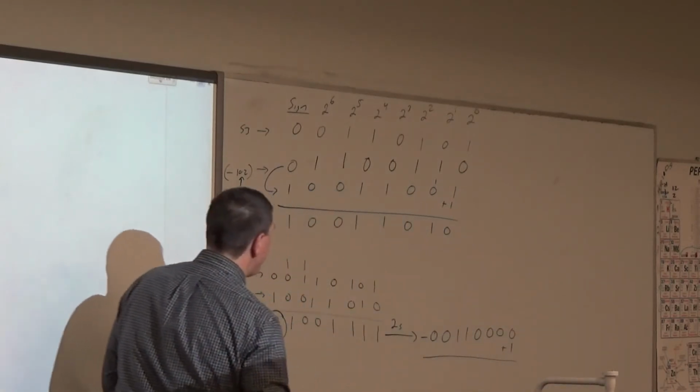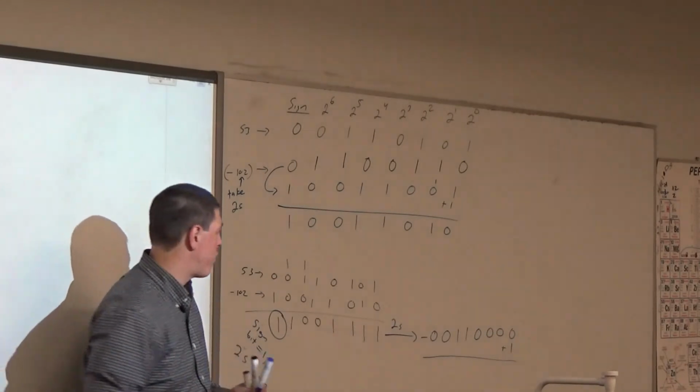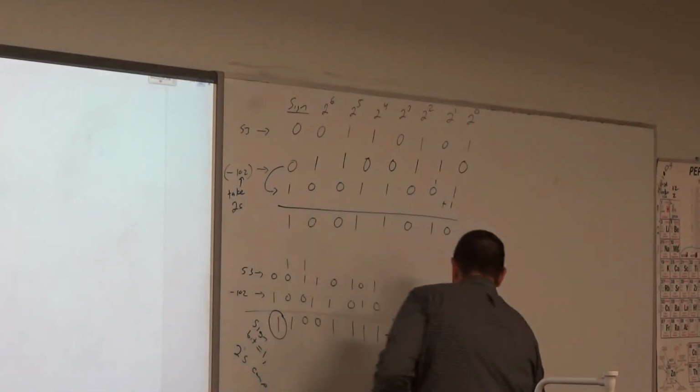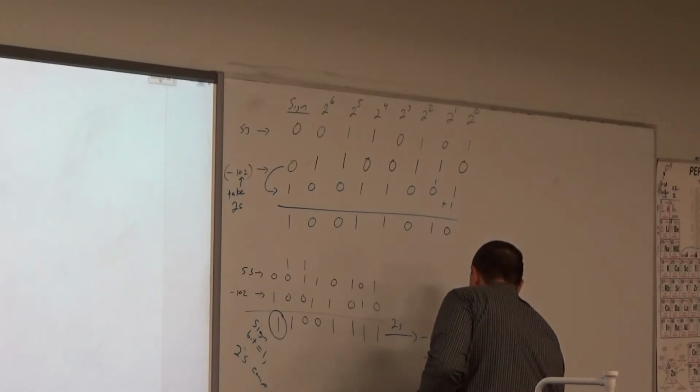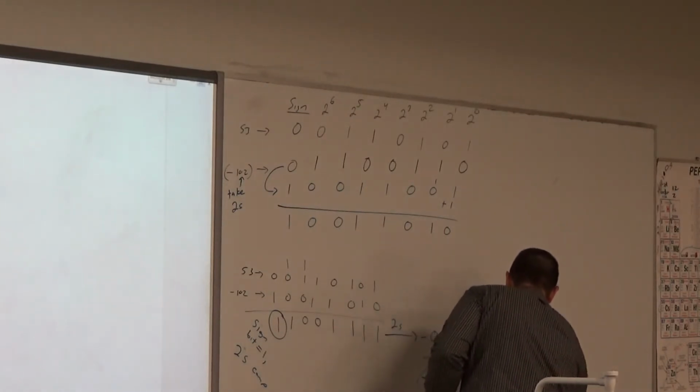So all I did there was take the 2's complement. I stuck a negative out in front, just to remind you that the answer is going to be negative. So the answer is negative 0, 0, 1, 1, 0, 0, 0, 1, and that's in base 2.